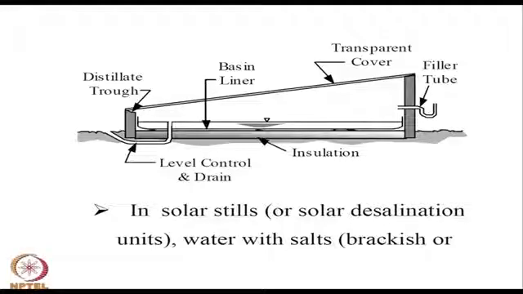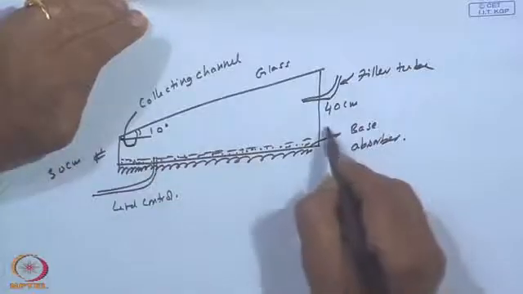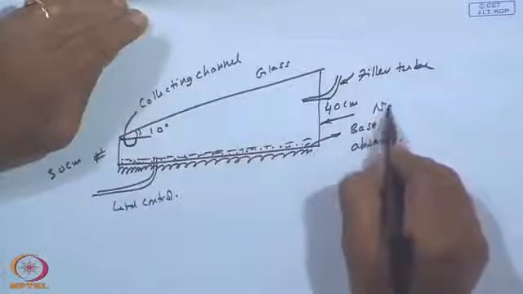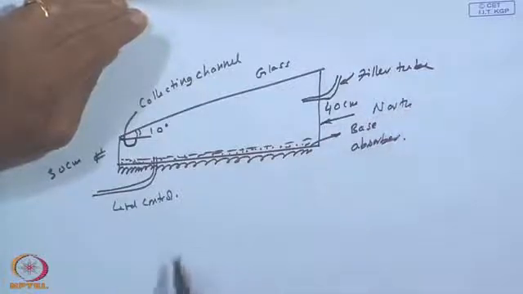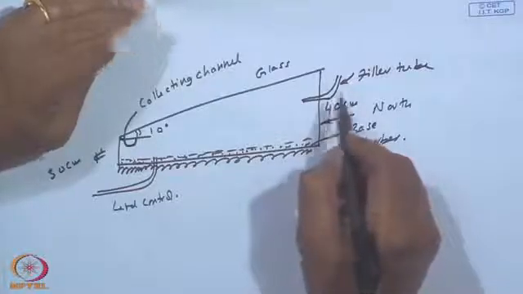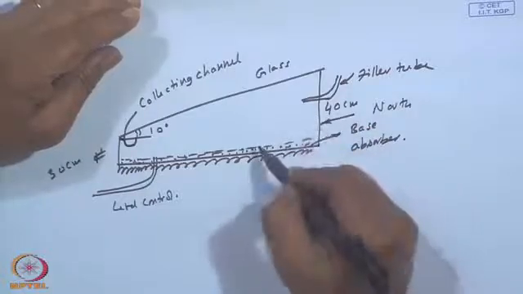So, this brackish water or water with salts, you can see in the picture. As I have already described, there is a filler tube, there is a top glass, and every side, east, west, north, south, is transparent. Regarding the north side, there are different arguments. It can be transparent. Some people argue let the diffuse radiation come through this, and hence a little more radiation.